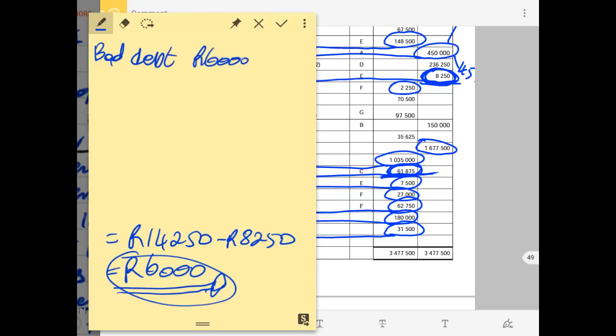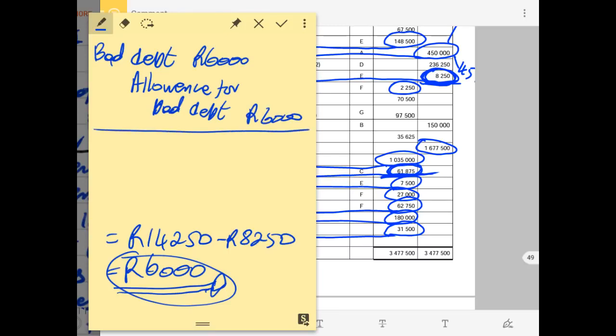That is why I prefer to increase bad debts by 6,000. Then you credit allowance for credit losses, allowance for bad debts, for an amount of 6,000 rands. That is how you generalize this entry. So now we have accounted for that also in the general journal.